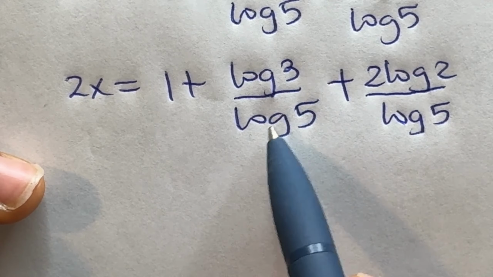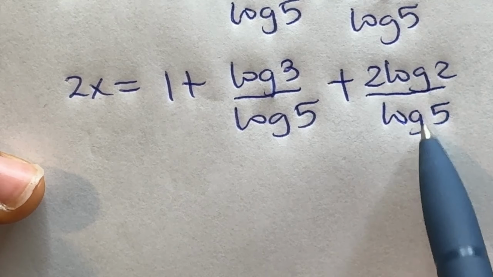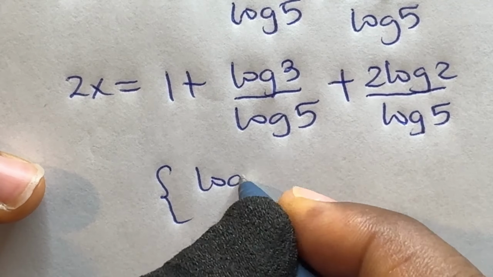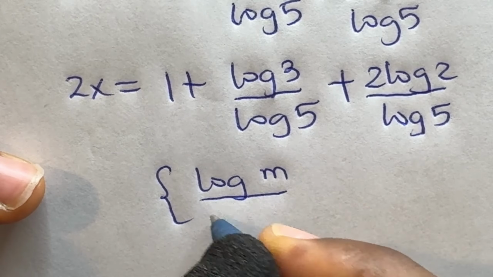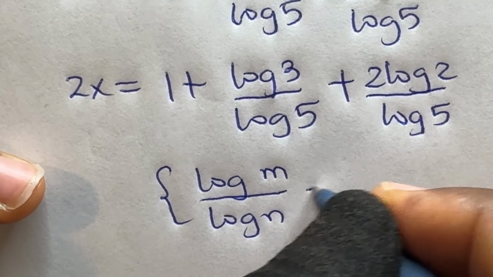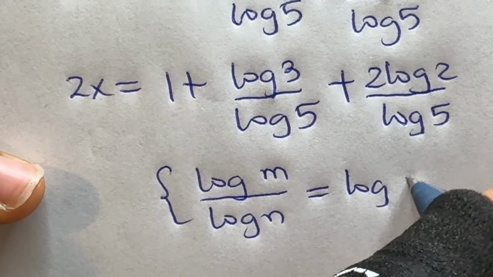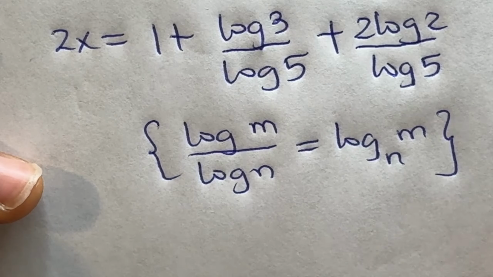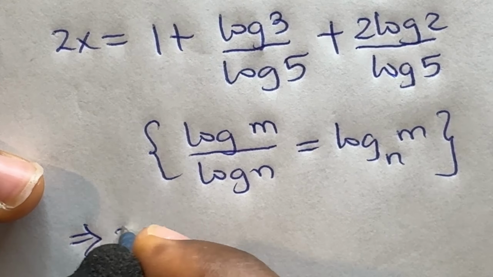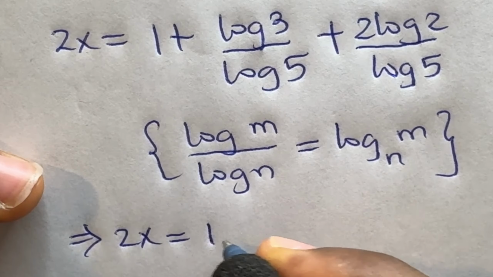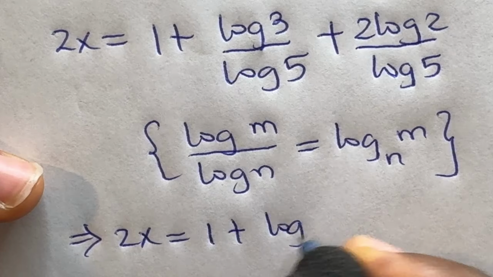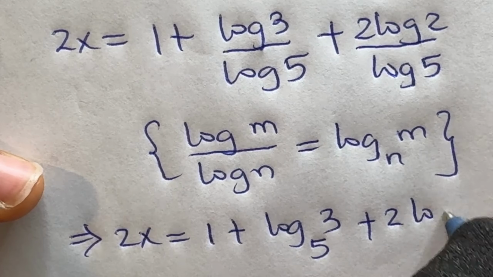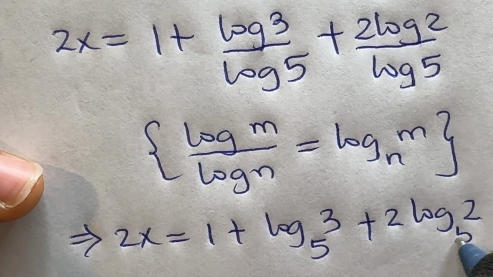The expression log 3 divided by log 5 as well as log 2 divided by log 5 here is of the form log m divided by log n. And in logarithm, this is log m base n. This will imply that 2x is equal to 1 plus log 3 base 5, then plus 2 log 2 base 5.